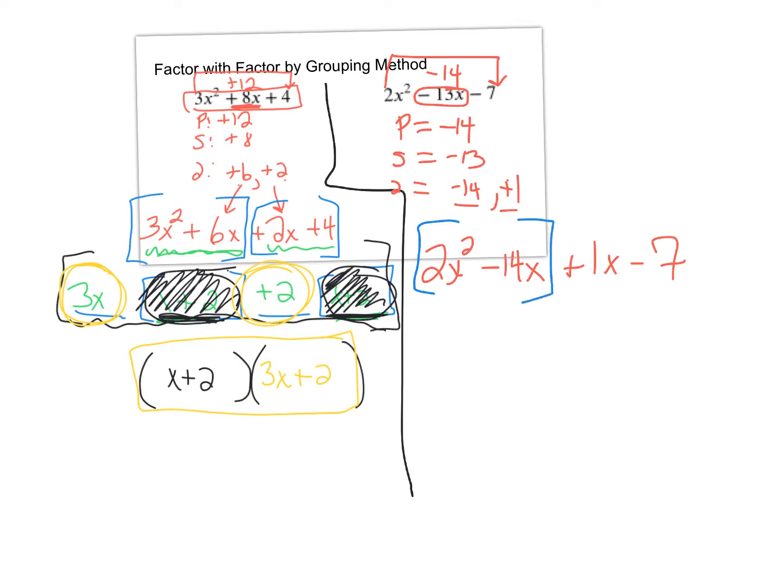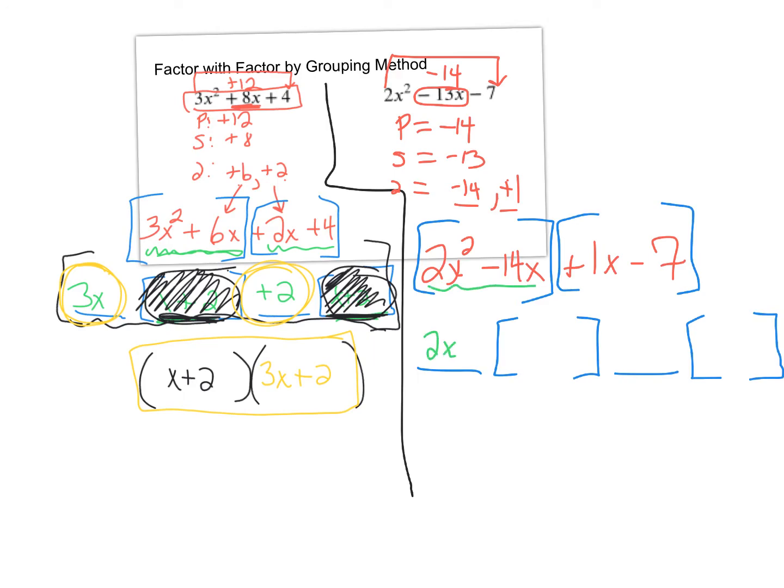First and second piece, third and fourth piece, line, bracket, line, bracket. Okay, so let's see. What can I take from the first grouping here? I can take out a 2x. That's going to be x minus 7.